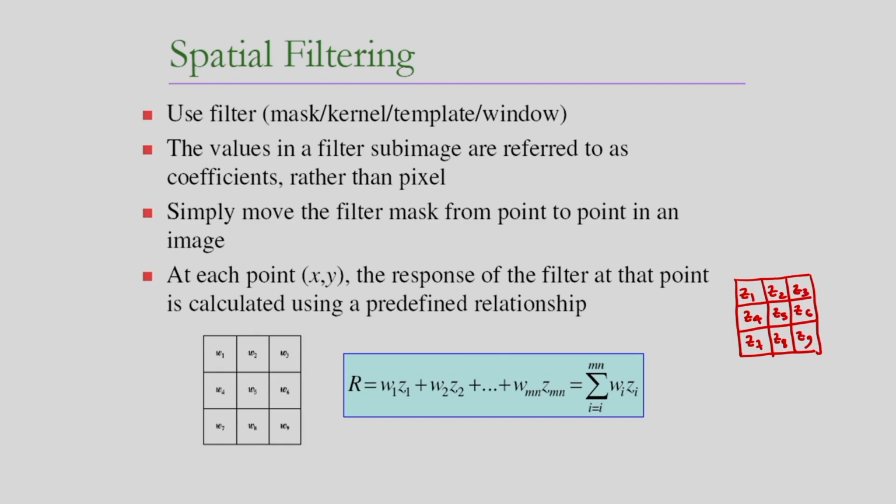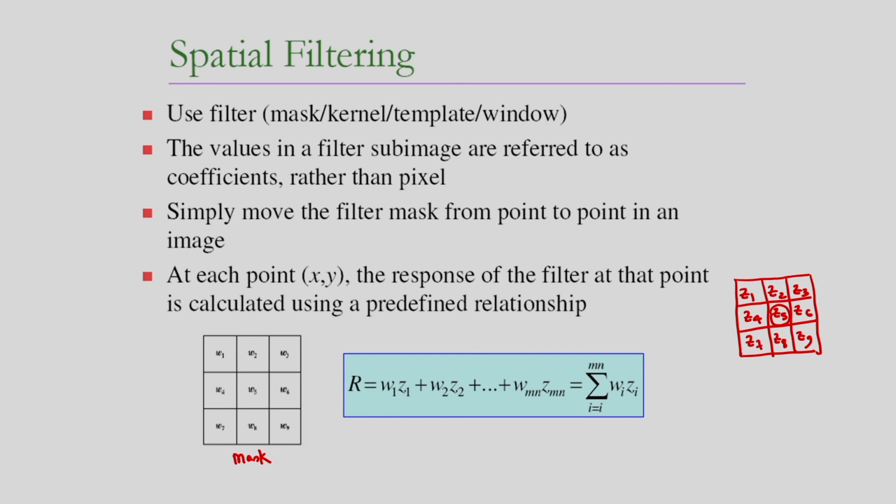And I have the mask, this is the mask. So what are the weights of the mask? The weights are W1, W2, like this, these are the weights of the mask. And what I have to do is put the mask over the image. So corresponding to the center pixel, I have to put the mask over the image, that is, I am doing the overlapping of the mask with the image.